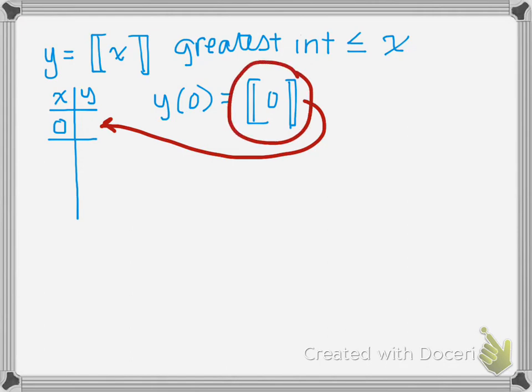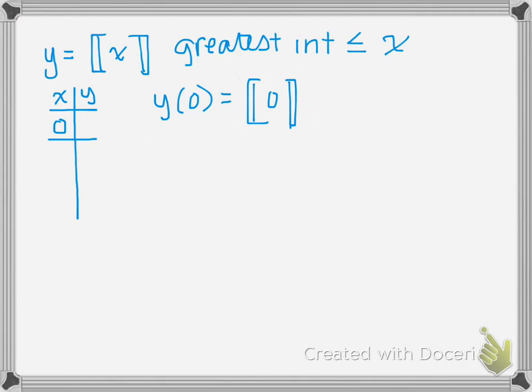The way to read it, as I've indicated above, is that this is asking, what's the greatest integer less than or equal to x? So I would say, what's the greatest integer that is less than or equal to 0? Well, that's easy, right? Because 0 is equal to 0. So the greatest integer that is less than or equal to 0 is 0. So that's going to be the output here.